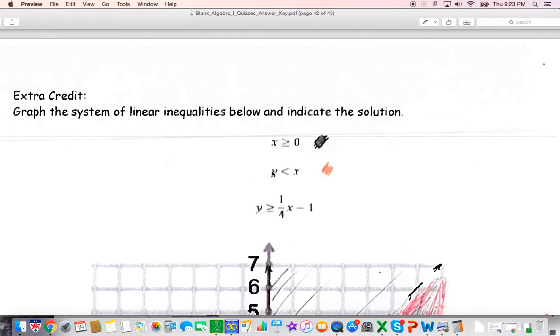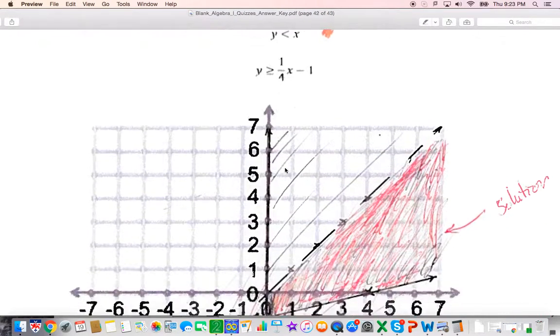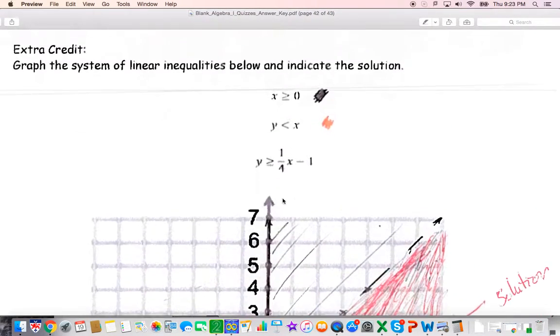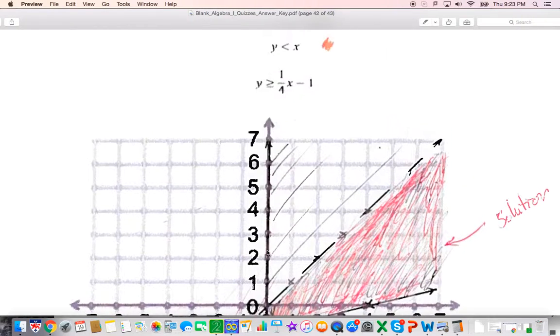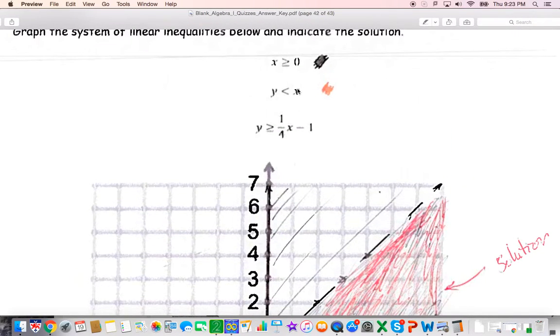All right, now as far as this, y is less than x. Well, that's like saying y is less than 1x plus 0. Our slope is 1 and our y-intercept is 0. Or we could use even a t-chart. When x is 0, y is 0. When x is 1, y is 1. When x is 2, y is 2.